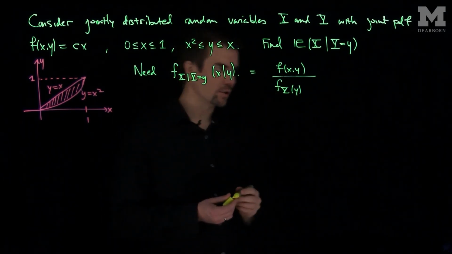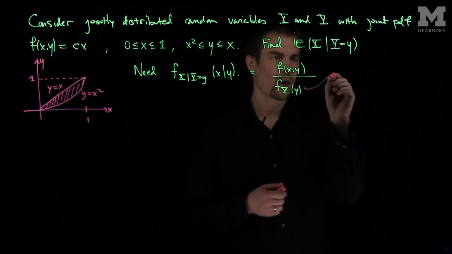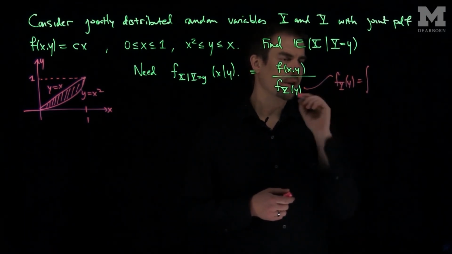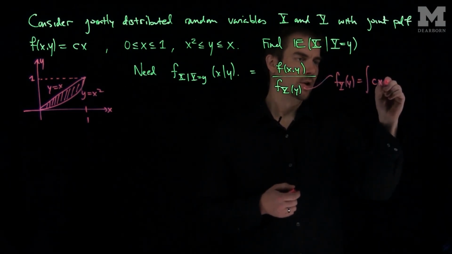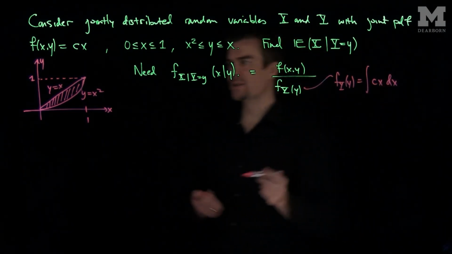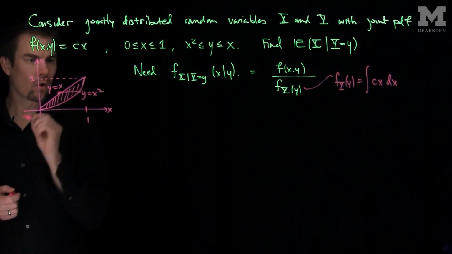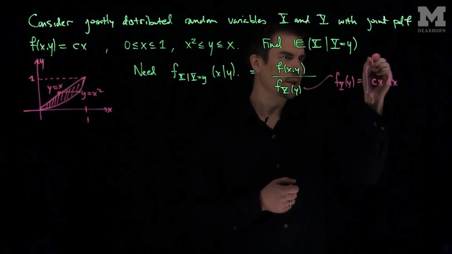So let's find this marginal distribution. My marginal distribution, f_Y(y), is going to be the integral of the joint PDF, c times x, with respect to x. We need to figure out where x goes in this region. We can see that x goes from y to the square root of y.